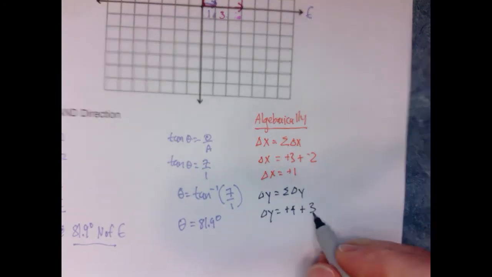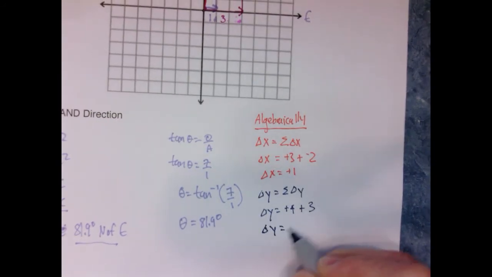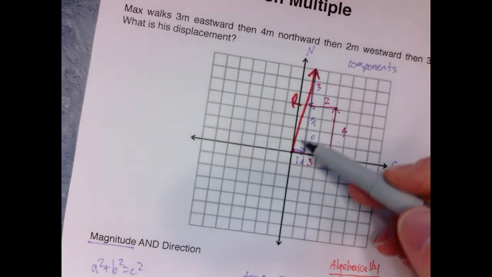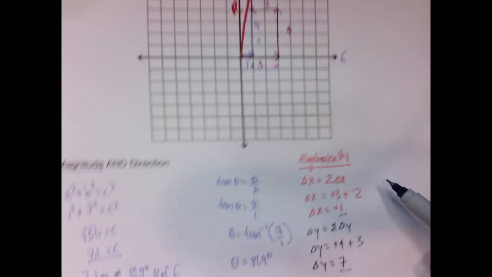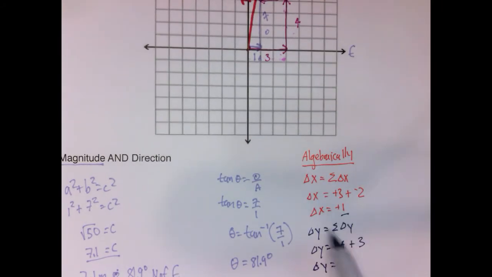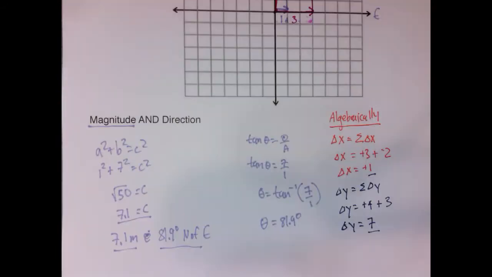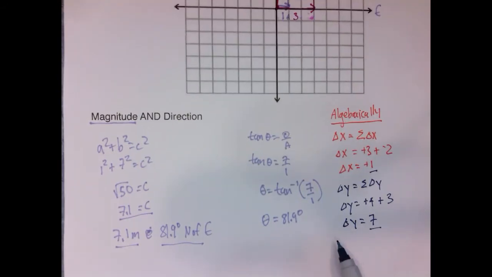So we have a change of 4 and a change of 3, so our displacement in the y is actually 7. And this gives us our 7 and 1 that emerged in the drawing. So what you can see is that we can solve this kind of problem algebraically rather than by drawing, but we have both tools in this particular case.